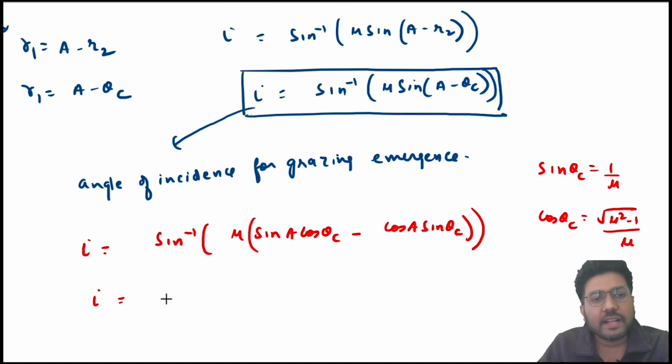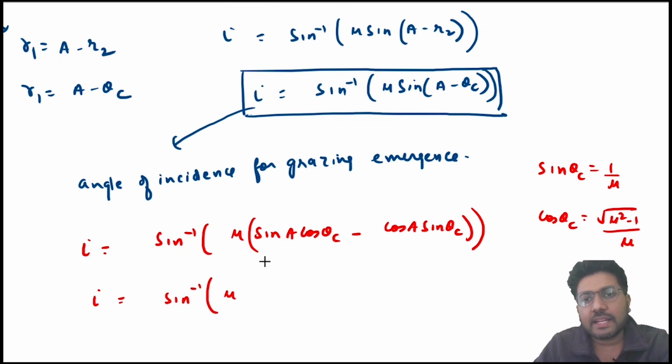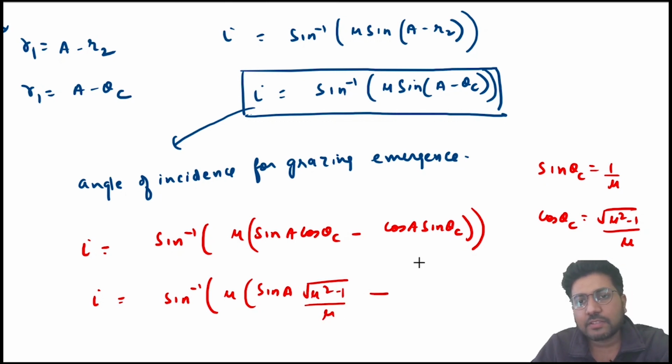So you will write here I is equal to sine inverse mu times sine A times cos theta C, which is root over mu square minus 1 by mu, minus cos A times sine theta C, which is 1 by mu.